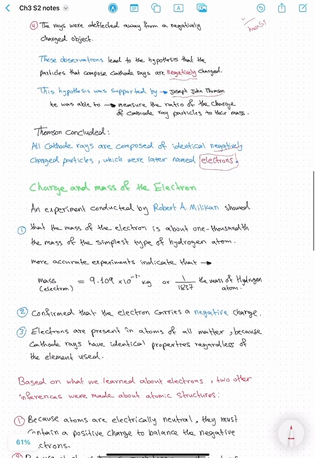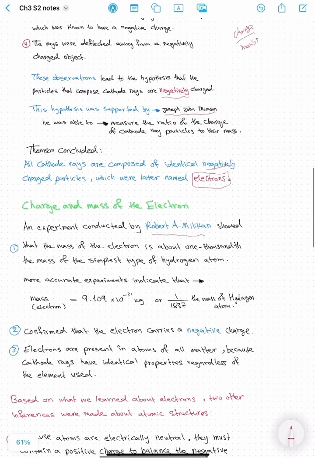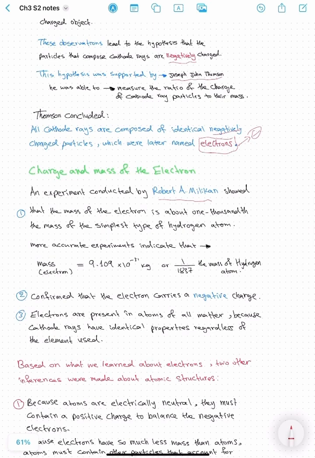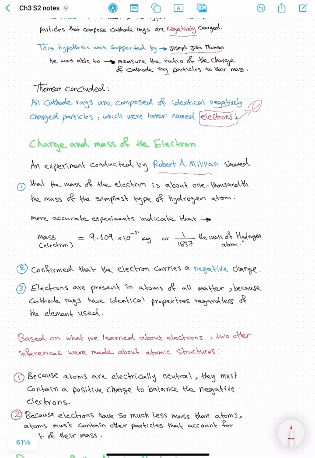Later on, another scientist came, Robert A. Millikan. He came and measured the mass of the electron. So far we know that we have a particle called the electron, and it's negative. Then Millikan measured its charge. His experiment is not explained in your book, so we just have the result: the mass of an electron is about 1/1000 the mass of the simplest atom.